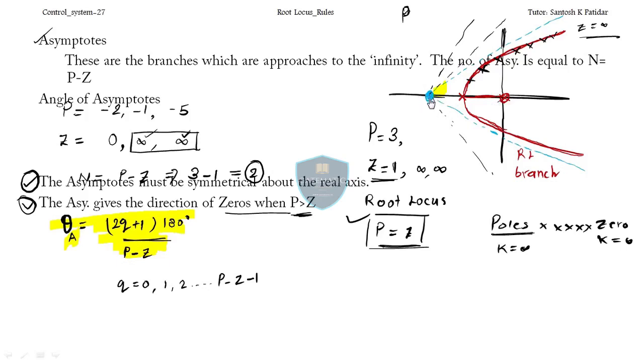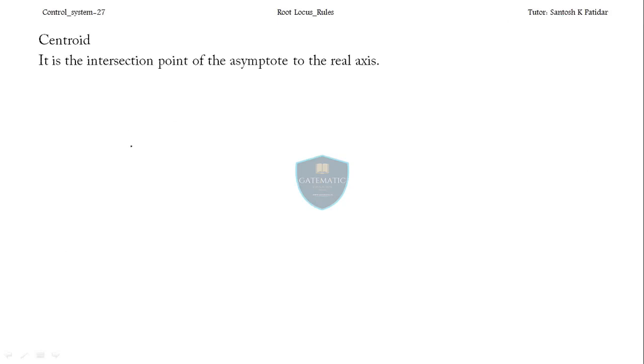That particular point is nothing but the centroid. Let's come to the definition first. It is the intersection point of the asymptotes with the real axis. Okay, no problem at all. Let me draw the diagram over here. Suppose this is your asymptote.